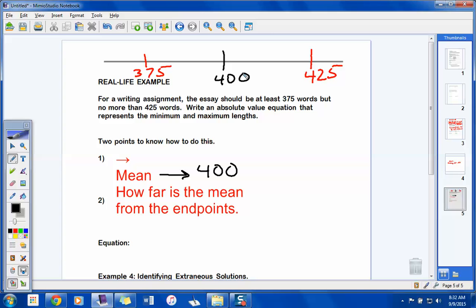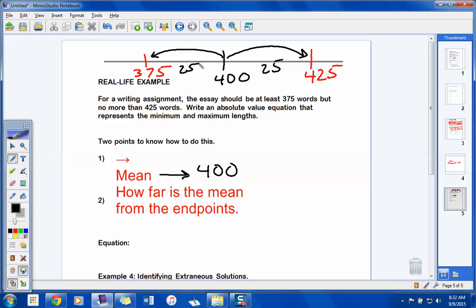How far are the endpoints from the mean, or from the middle in this case? How far are the endpoints from the mean? How many units? From 425, guys? 25 units. There's 25 units this way. And there's 25 units this way.